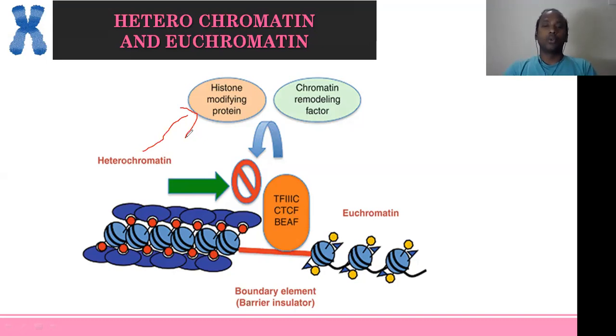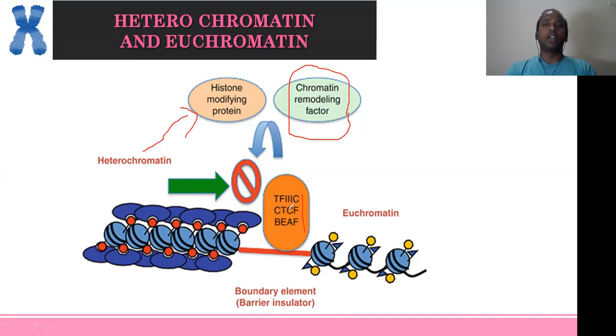And there are certain chromatin remodeling factors which will be present, and they ensure this process, whether the gene wants to go for euchromatin or not. So this is like a checkpoint. These chromatin remodeling factors include transcription factor 3C, CTCF, and BEF.